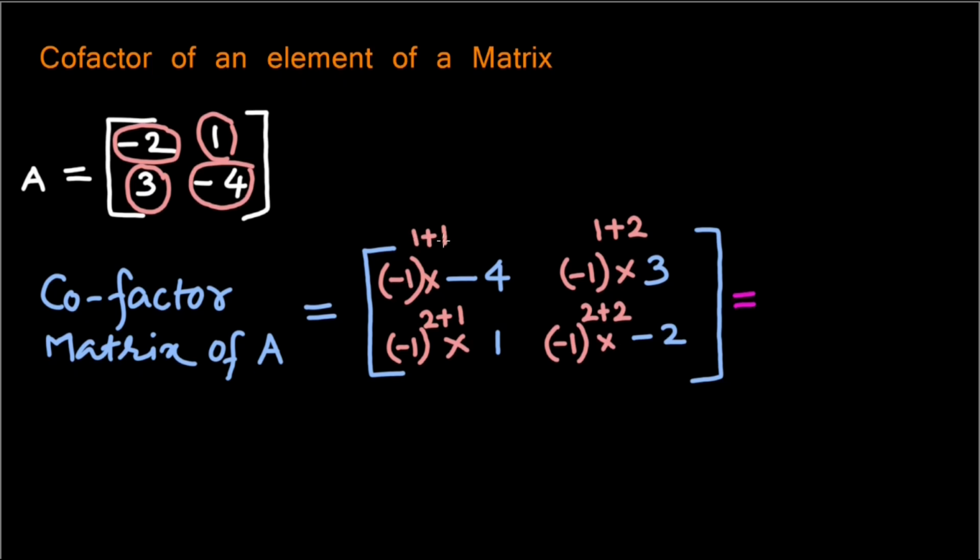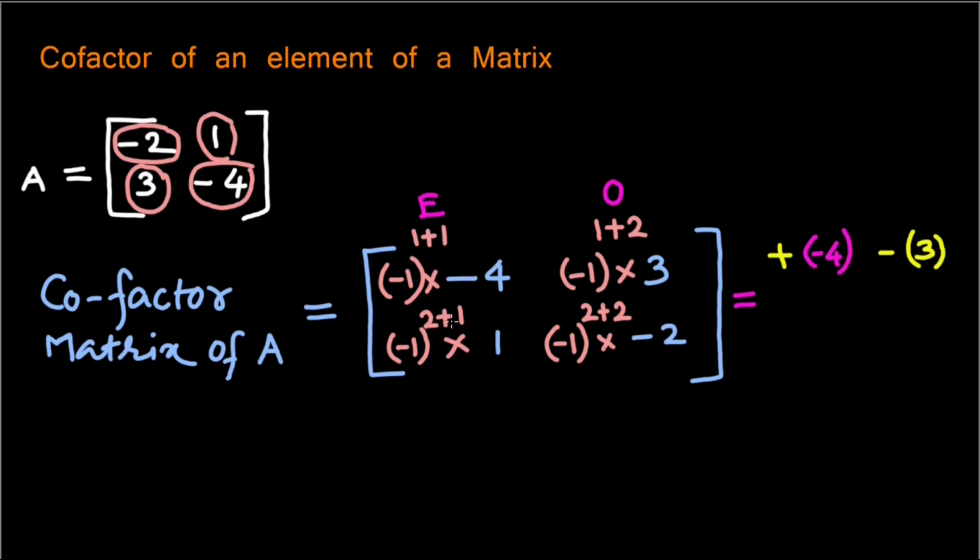Now 2 is an even number, so even power of minus 1 is plus 1. So it will be plus of minus 4. Then 1 plus 2 is 3, which is an odd number, and odd power of minus 1 is minus 1. So it will be minus of this 3.